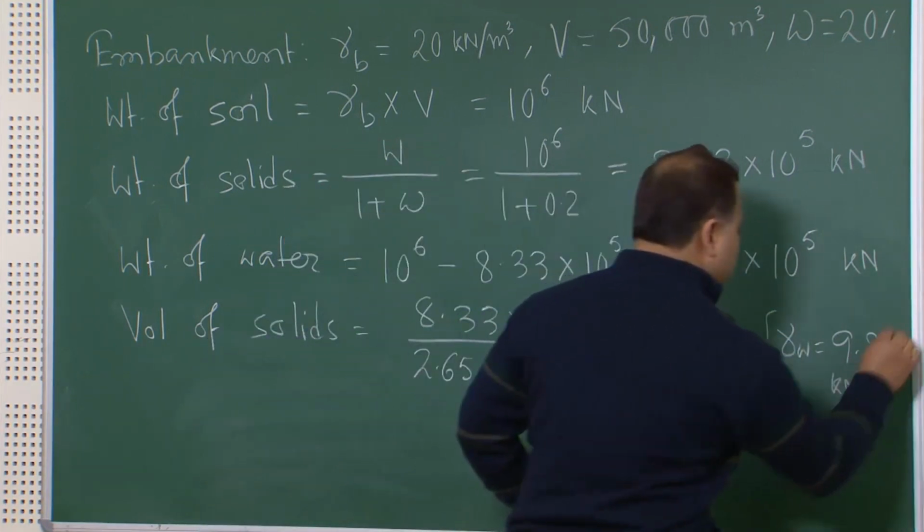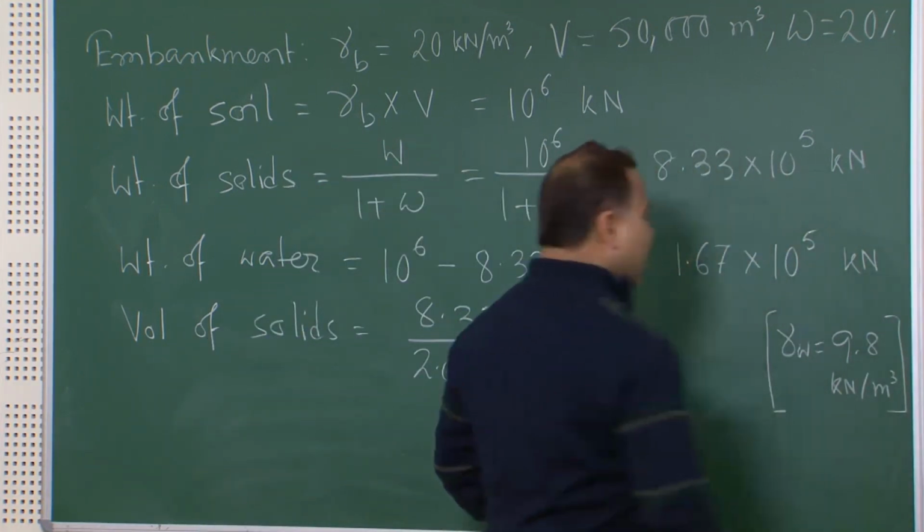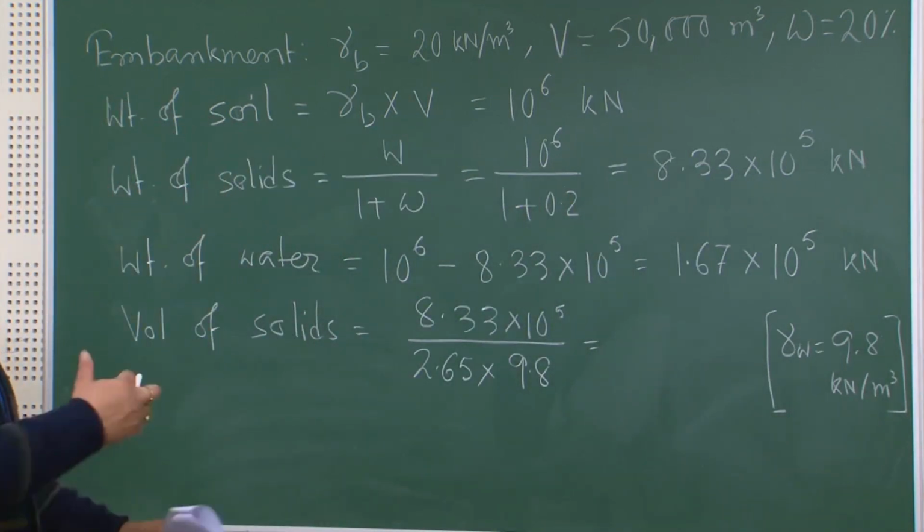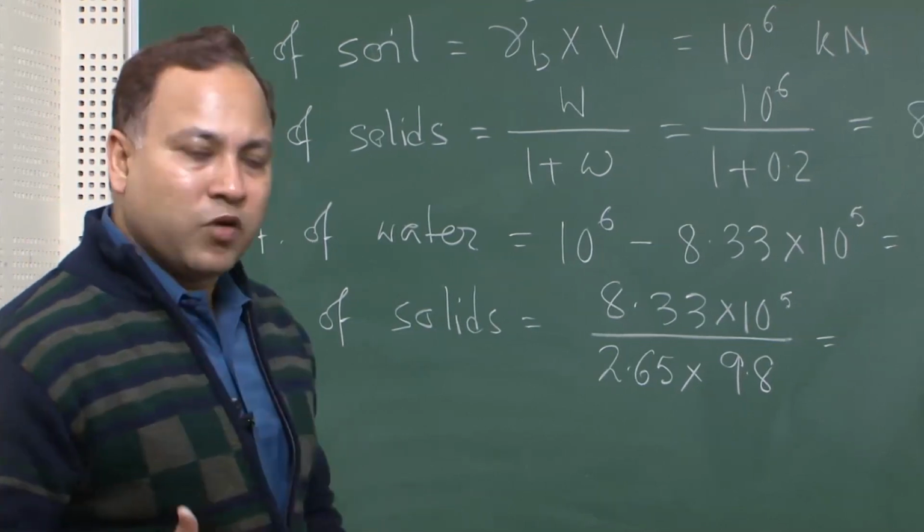So, this is the consideration for this problem. You can consider gamma W equal to 10 or 9.8, that does not matter. But for this problem I am considering gamma W equal to 9.8.